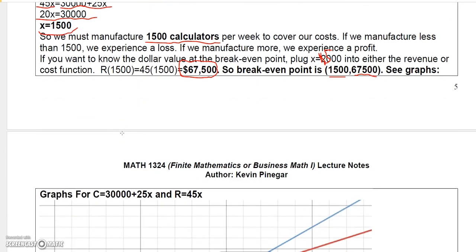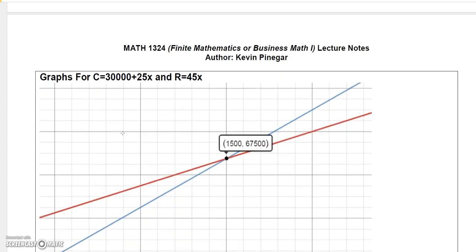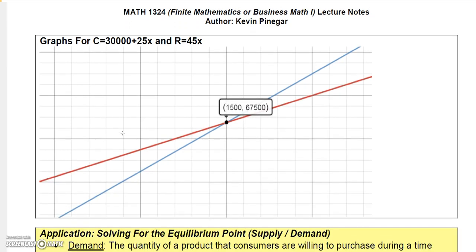So the break-even point is 1,500 calculators for a revenue of $67,500. Now, if you were to graph these, the blue line here would be the revenue function, and the red line would be the cost function. And notice that if you look to the left of 1,500, your revenue would be below the cost function.